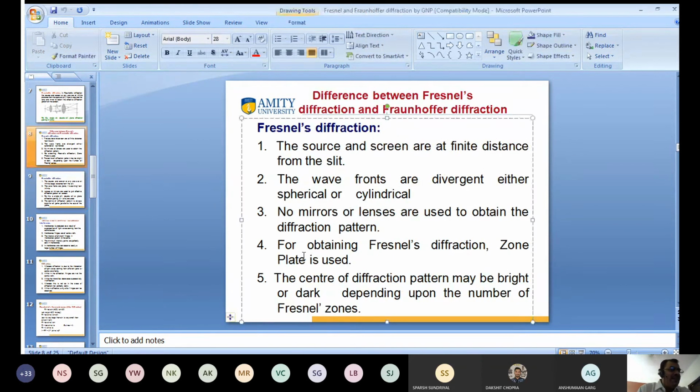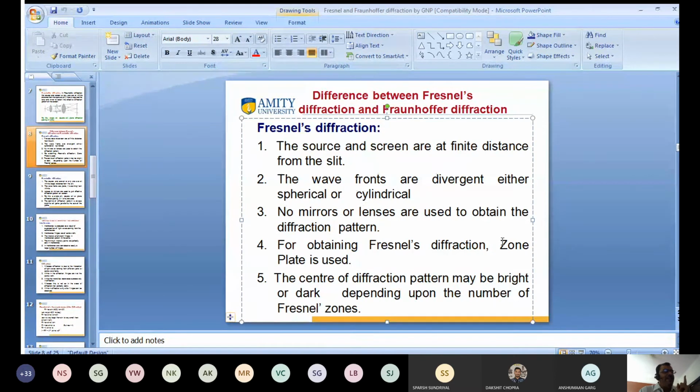So I'm talking about the fourth point. For obtaining a Fresnel diffraction pattern, the example is the zone plate. Already I told you, this is not part of the syllabus, so I'm not going into detail about it. But keep in mind, the zone plate is an example of Fresnel diffraction.